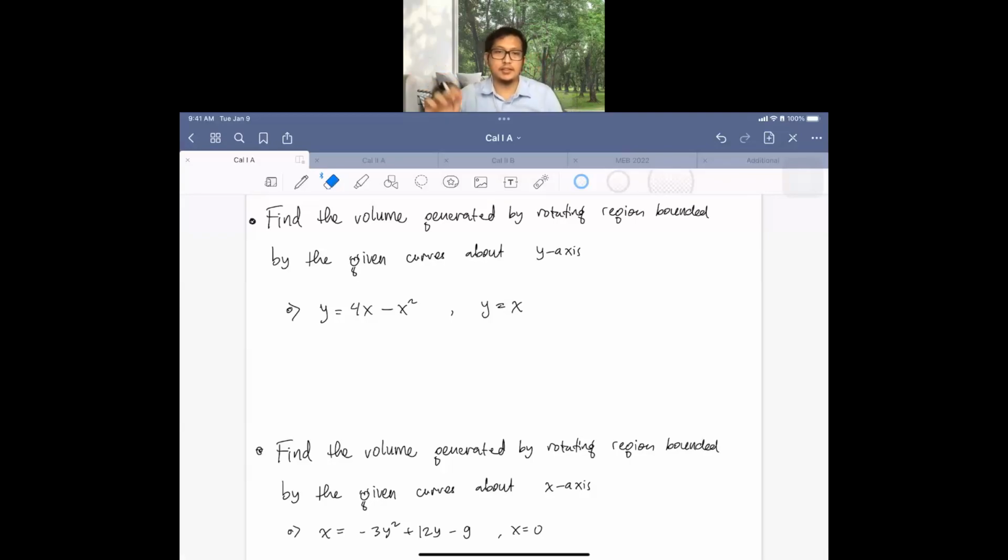So first thing, the one that is essential, as I mentioned, for all integrations regarding the area, the volume, and later on when you are dealing with multiple integrals in Calculus 2, or if you meet another subject related to advanced mathematics, for all integrations it's better to visualize or imagine, or at least sketch the basics.